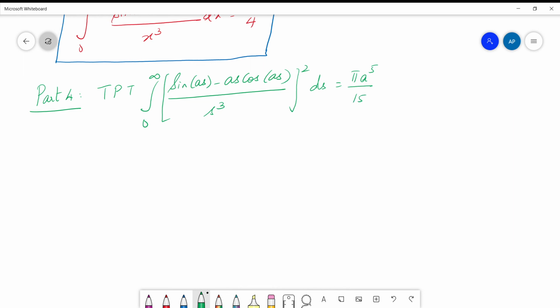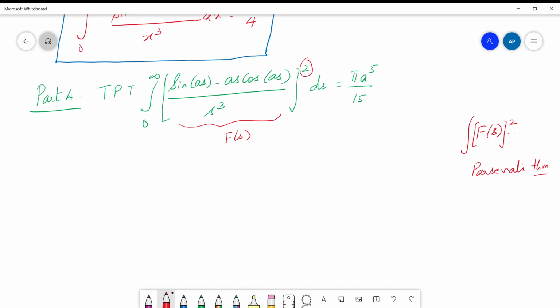I told you in my previous problem that whenever the integrand contains f of s multiplied by something, then use inversion formula. But when you have the square of f of s occurring, then think about Parseval's theorem. So we are now going to apply Parseval's theorem. And how did we get the idea? Because this is nothing but a part of your f of s and you are having a square there.